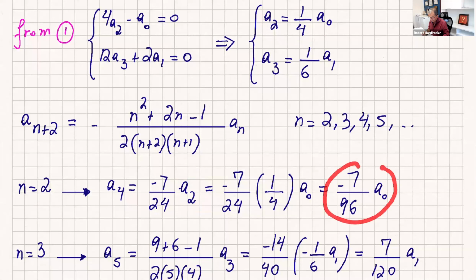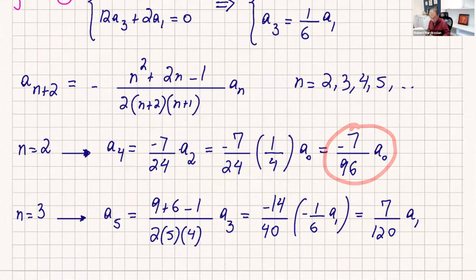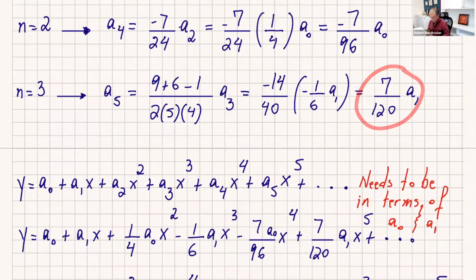You substitute and you get that. N equals 3, a5, you get that, and if you simplify, you get that times a3, that's negative 14 over 40. But what is a3? A3 is 1 over 6 times a1, so you get that one, and you can come back and write the solution.